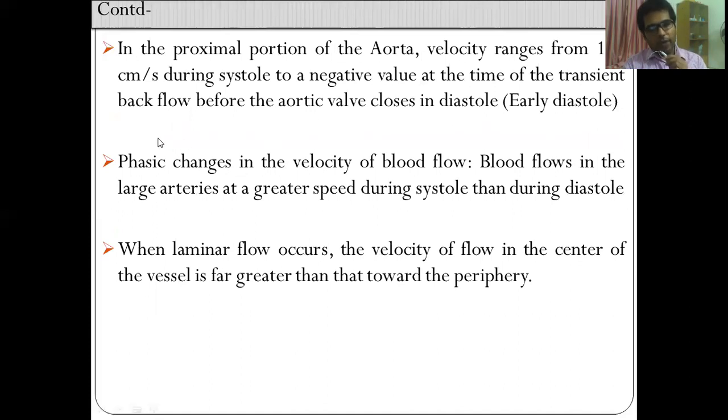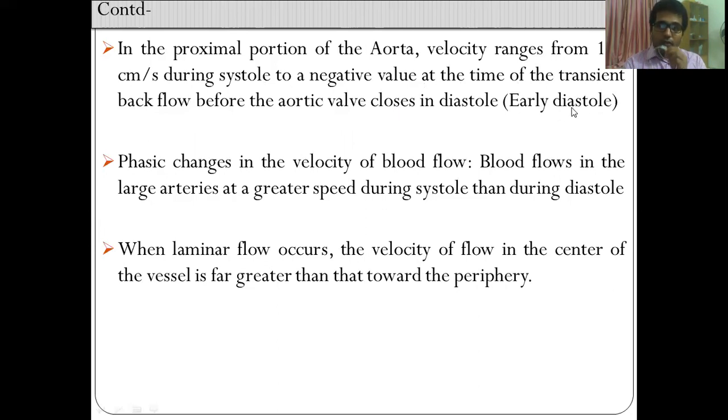Now, the next point: in the proximal portion of the aorta, velocity ranges up to 120 centimeters per second during systole. During systole, the velocity will be the maximum. And then the velocity will drop, and drop to a negative value at the time of transient backflow before the aortic valve closes in the early period of diastole.